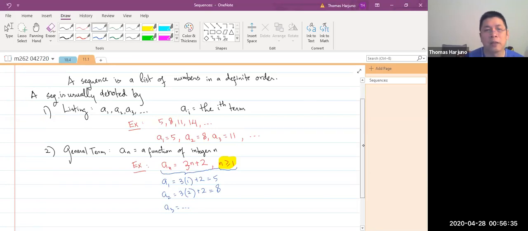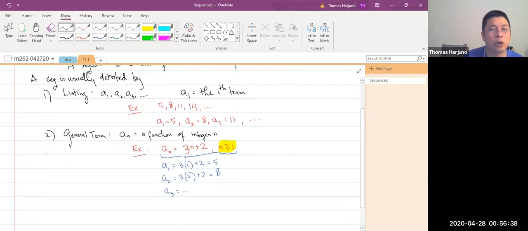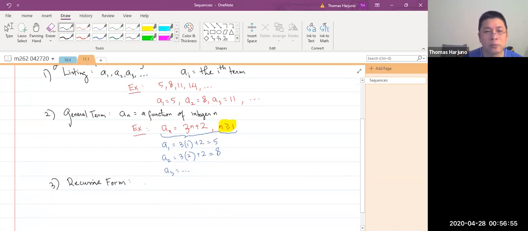Now, the third method, which is used a lot in computer science, is the recursive formula, where the current term is a function of the previous term.